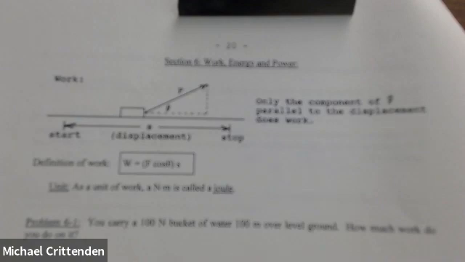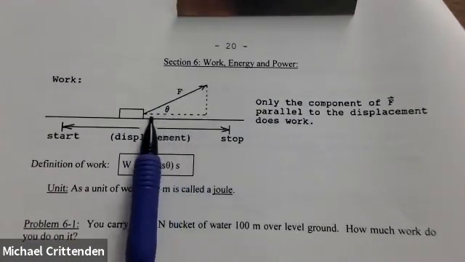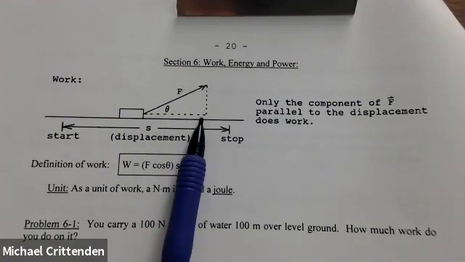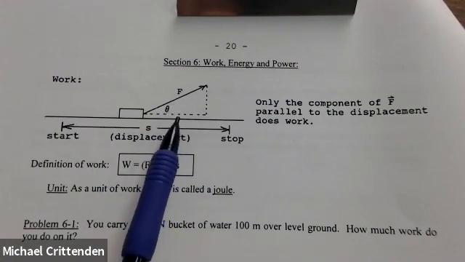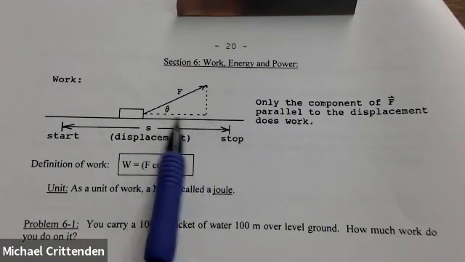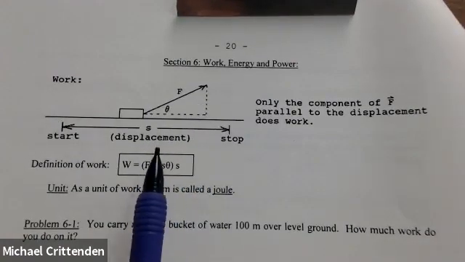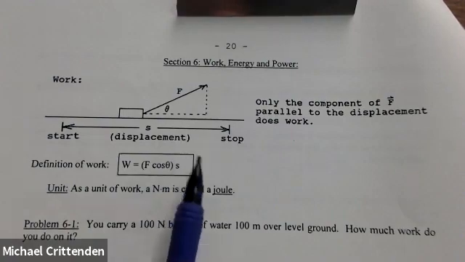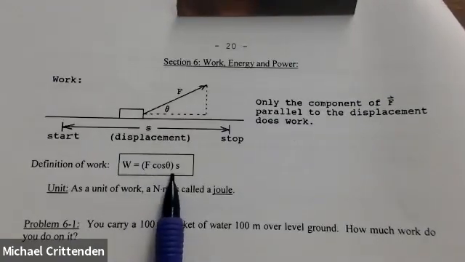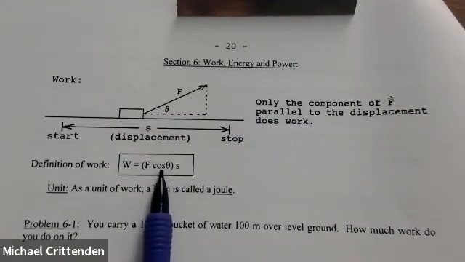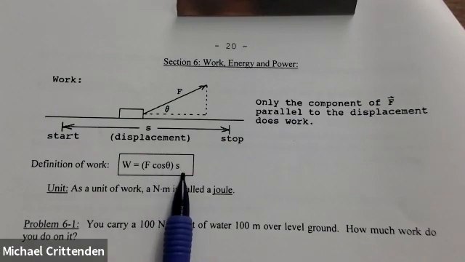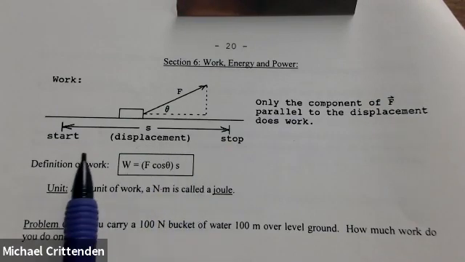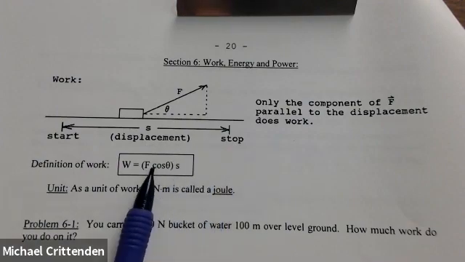It doesn't do me any good at all. So only the parallel component is thought of as doing any work. And hypotenuse times cosine equals the adjacent side. So saying just force times distance is kind of misleading. The more accurate way of defining work is to say it's the component of the force along the direction of motion times the distance, or simply the force times the distance times the cosine of the angle in between.